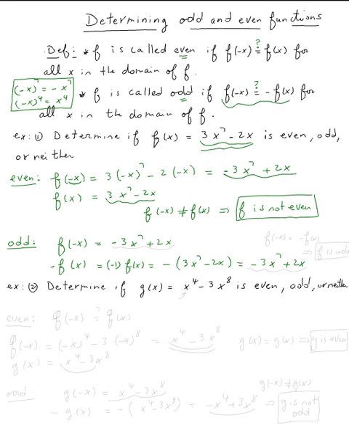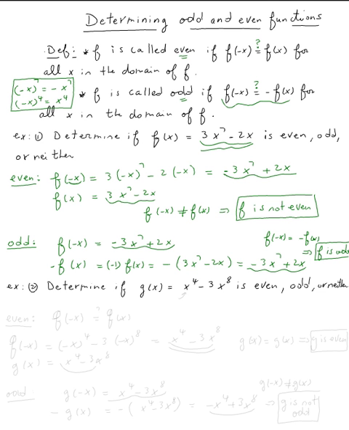See, now if you compare it, it's the same. This and this are the same. Now I can say f of negative x is equal to minus f of x. Therefore, f is odd. So the answer is the function is odd. It's not even, but it's odd.